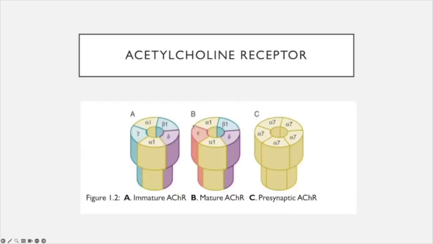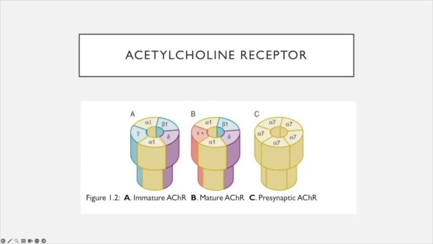These receptors have 5 subunits, and the 5 subunits are 2 alpha, a beta, a gamma, and a delta. That's the immature acetylcholine receptor. The mature receptor has an epsilon subunit instead of the gamma subunit. And the transition from gamma to epsilon takes about 2 years, from the time of birth till the age of about 2 years.